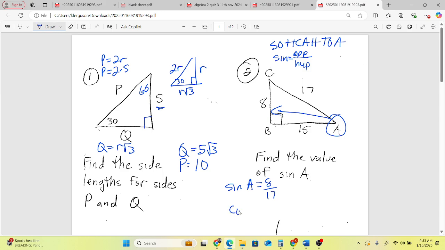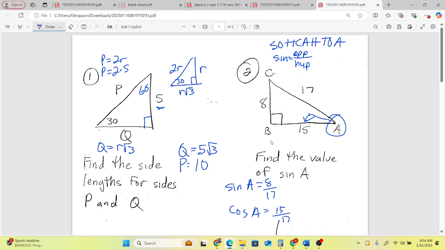So then let's say, what about cosine of A? We still got the same point of reference, right? But this time, we're going to the adjacent side of A. So the adjacent side is the side next to. So that's going to be 15. And then the hypotenuse is still 17.